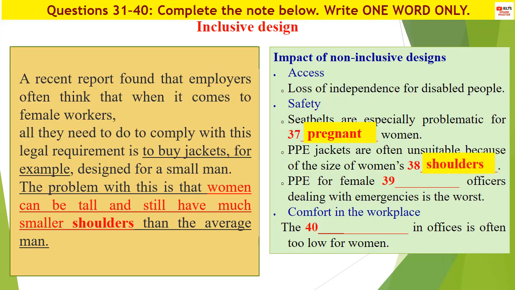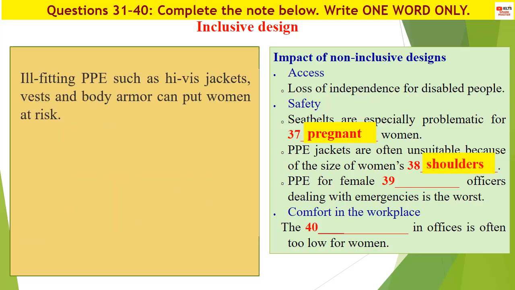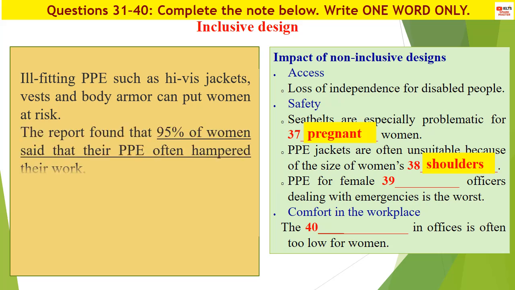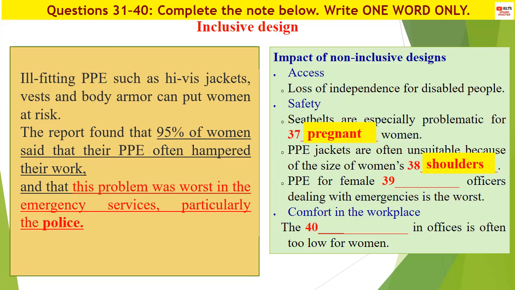Ill-fitting PPE such as high-vis jackets, vests and body armour can put women at risk. The report found that 95% of women said that their PPE often hampered their work, and that this problem was worst in the emergency services, particularly the police.